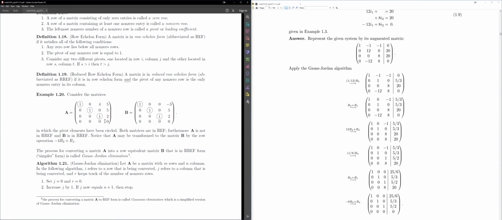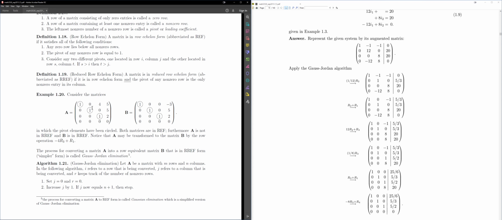Your pivots are all equal to 1, so you see the three pivots over here, and this is circled. Notice this is not a pivot because this is not the leftmost entry. The leftmost entry in this row is this one. And your pivots are coming down as you drop from row to row, moving strictly from the left to the right.